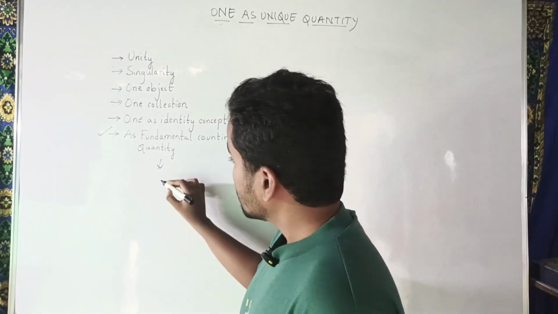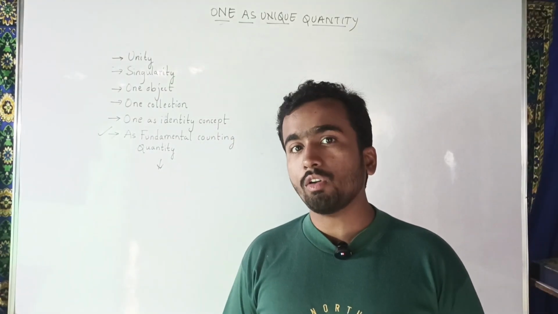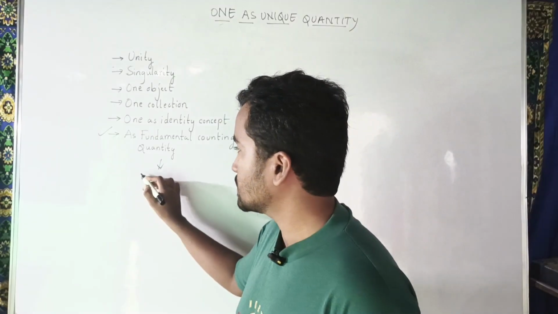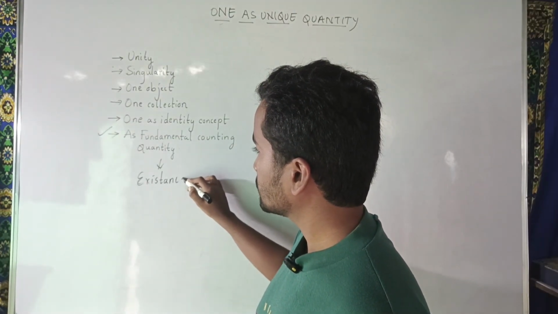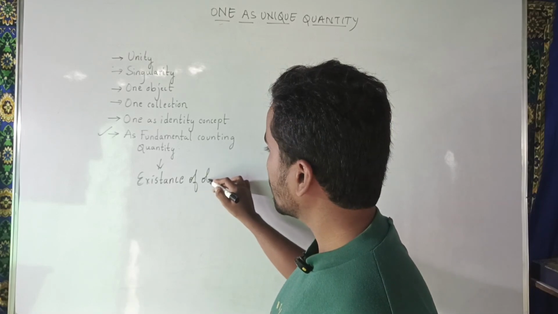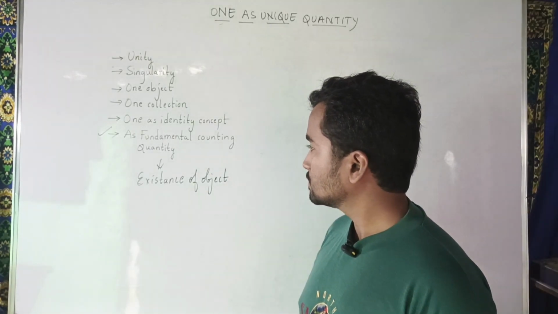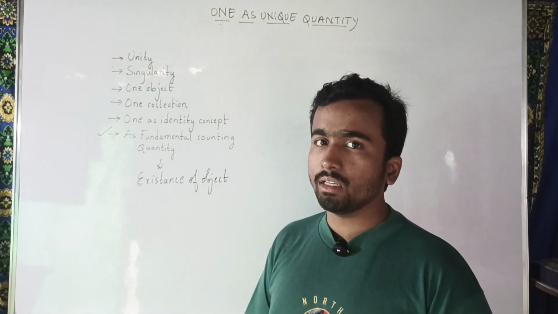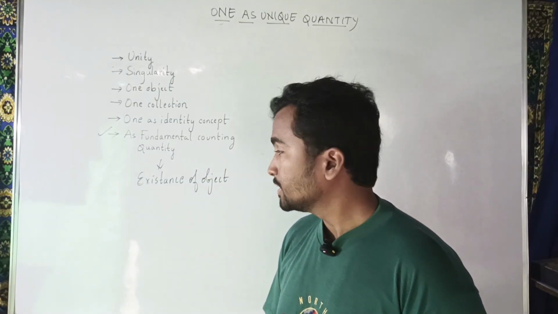See, guys, if we need to count certain objects, the first fundamental requirement is existence of object. The object needs to exist in order to count it, right?